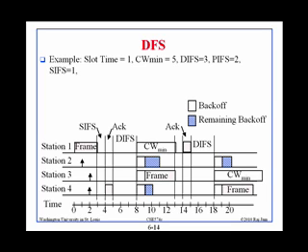Now let's see. The first station, number 2, the random number came out to 3. For station 4, the random number came out to 2. And for station 3, the random number came out to 1. Alright, so they waited that long and then went back.